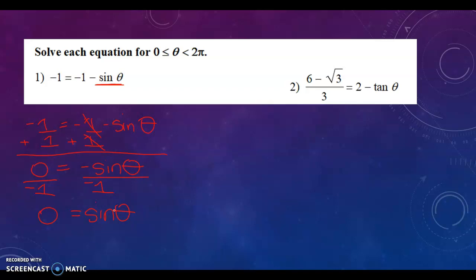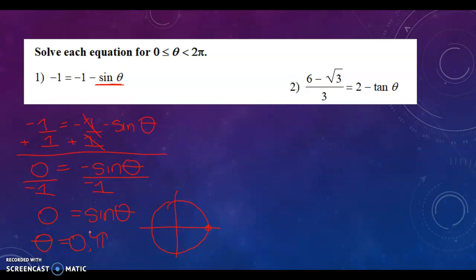So if we think about it on our unit circle, my y value is 0 at two locations. My y value is 0 at 0 when theta equals 0, but my y value is also 0 at pi. So I'm going to have theta equals 0 and theta equals pi.